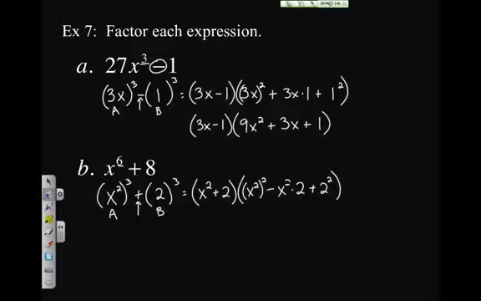So again, we have to simplify that second piece. x squared plus 2 stays the same. Then x squared squared is x to the 4th. x squared times 2 is 2x squared. And then 2 squared is 4. So that gives us our answer to part B.